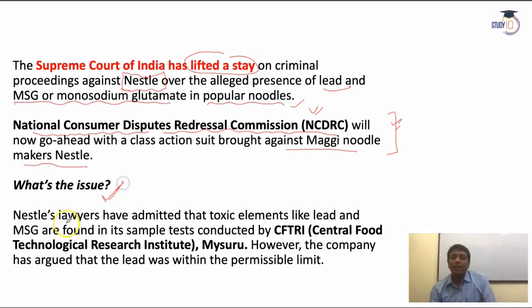National lawyers have asserted that toxic elements like lead and MSG were found in sample tests conducted by CFTRI, and a case was filed. Which institution checked the Maggi noodles for lead and MSG? CFTRI, the Central Food Technological Research Institute, which is situated in Mysore.